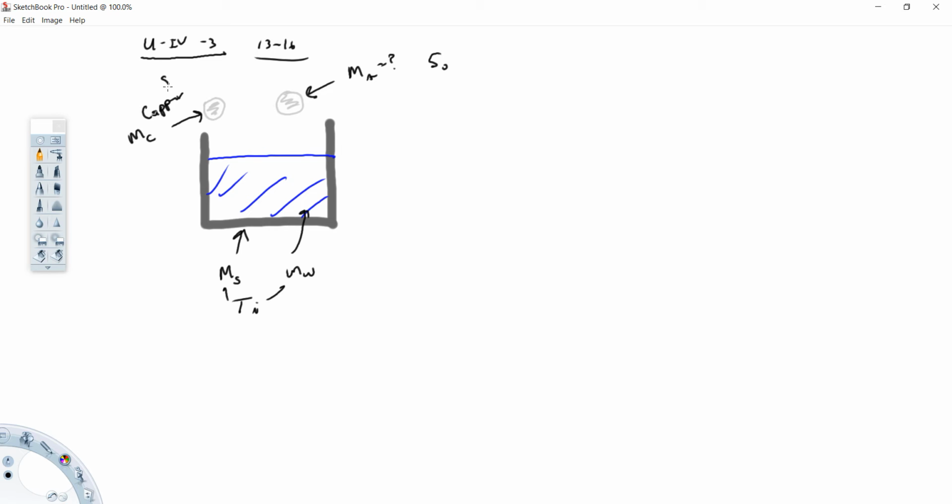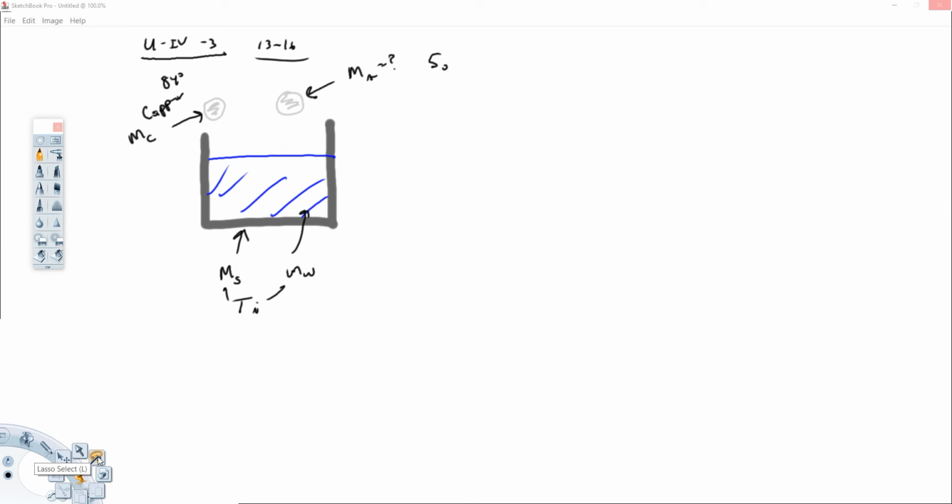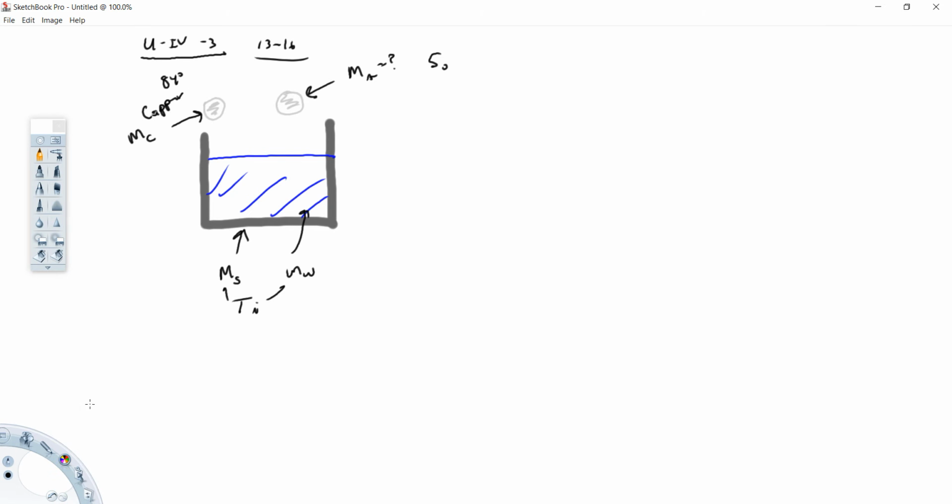Copper says, mine says 84 degrees, but yours might be different. So it looks like the water is relatively cool. I'm going to read this again. The water is 25 degrees centigrade. Copper's 84, the aluminum is 5.